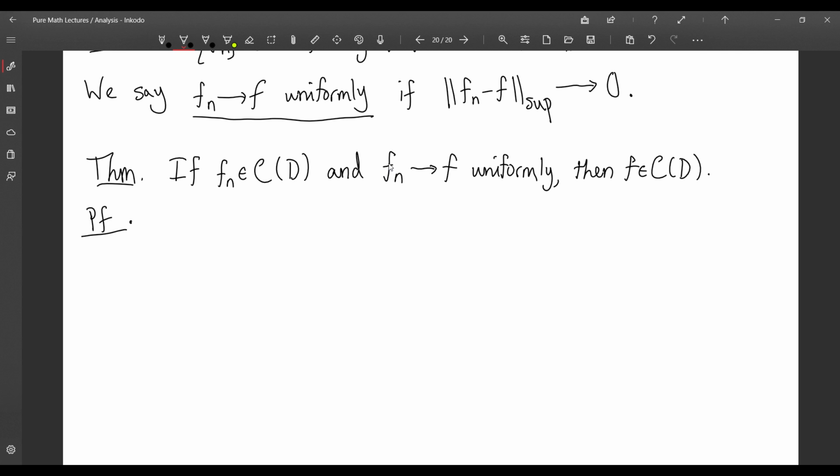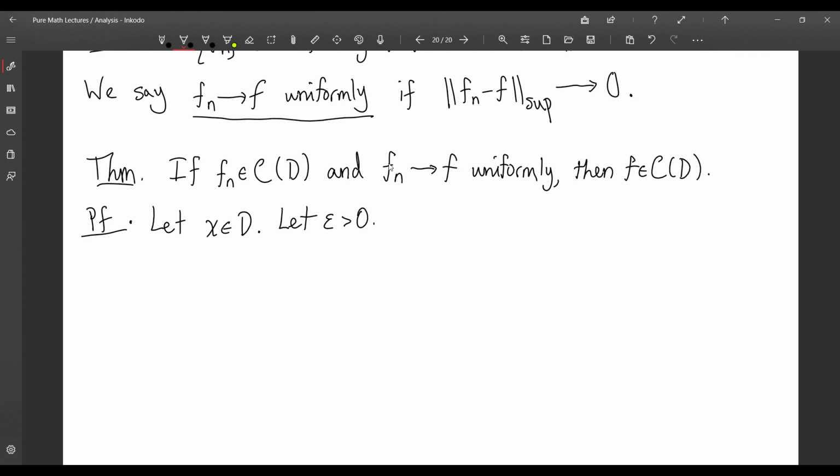Okay. So to prove this, what we have to prove is that f is continuous. So this means that f is continuous at each point, right? So let's start with a point in the domain. And then we also start with some epsilon greater than 0.